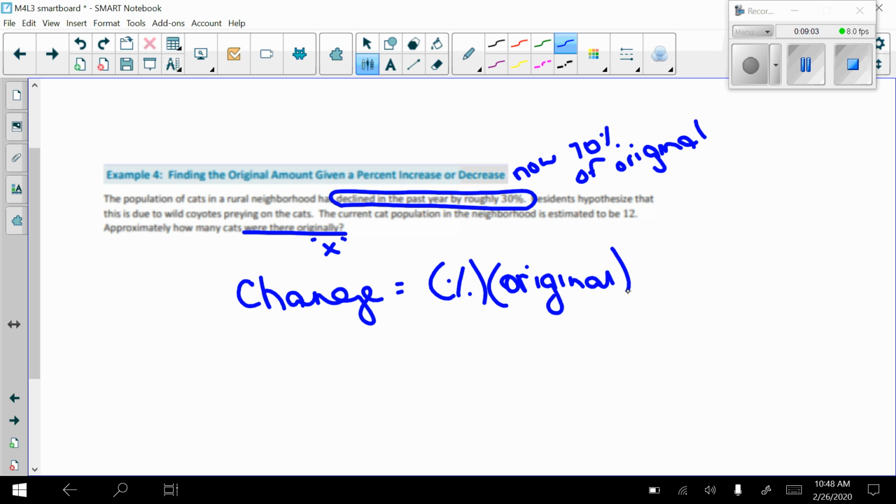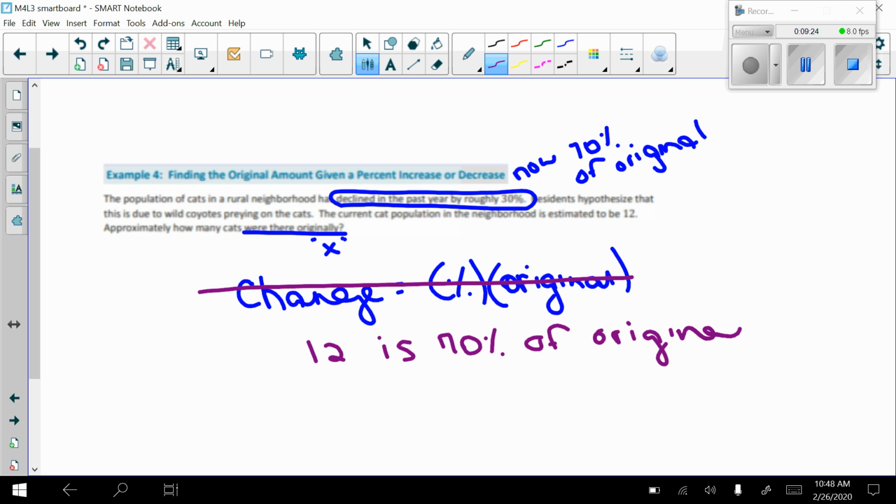So how much did it change by? We're not using the change formula, are we? We're actually going to say 12 is 70% of the original. Think about that. We don't know how much it changed, and we're not using the 30%, but we are recognizing that 12 is a smaller part of what it originally was. Right, so 12 equals 0.70 x.